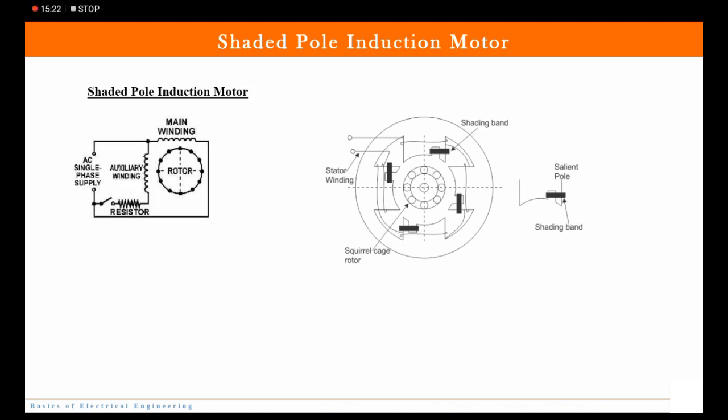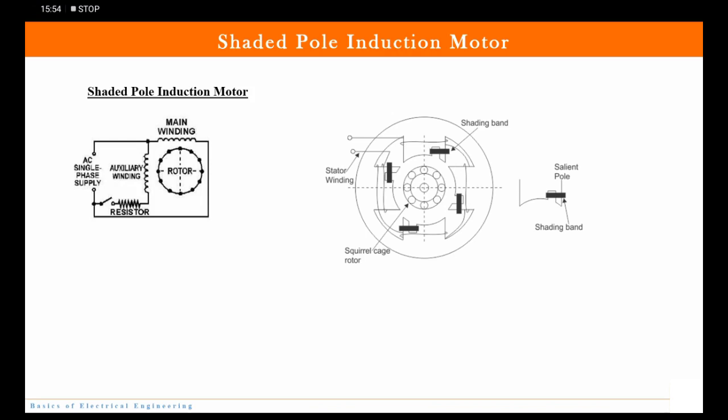So you cannot build very big motors with shaded pole technology, because otherwise the losses will be very high. So these motors are quite small in size, like in smaller fans, say exhaust fans and hair dryers. Wherever the size of the fan is quite small, these types of motors are preferred.